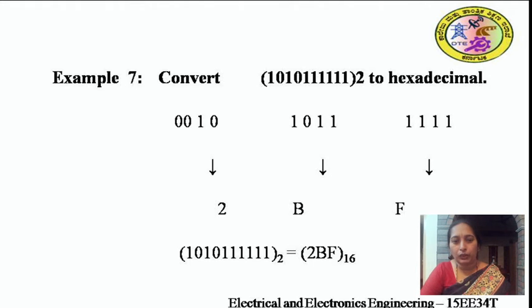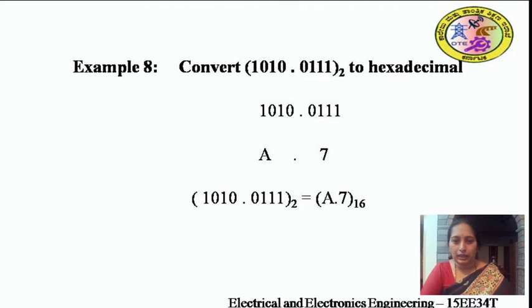Now I write the equivalent hexadecimal representation. 0010 is represented as 2, 1011 is 8 plus 2 plus 1, that is 11, represented as B, and 1111 is represented as F. So the hexadecimal equivalent is 2BF.